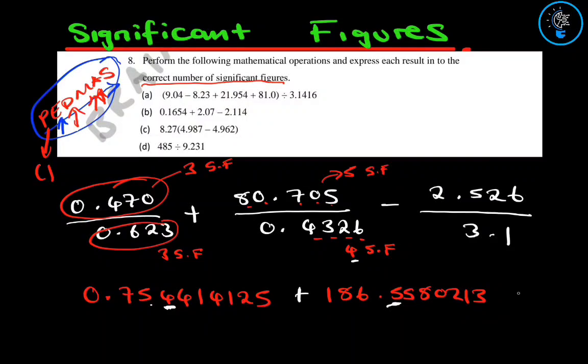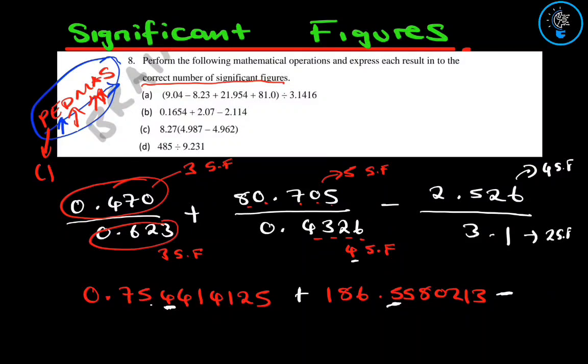Okay, let's do the last part. We are saying minus. How many significant figures are in this number? We have 1, 2, 3, 4, so 4 significant figures. The bottom part has 2 significant figures, so our answer must have 2 significant figures.